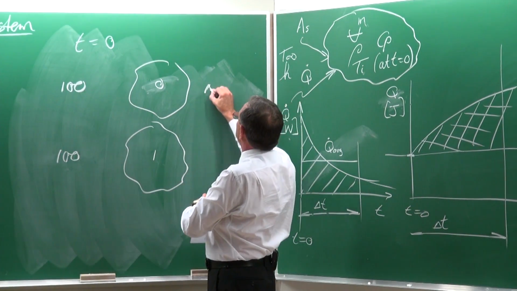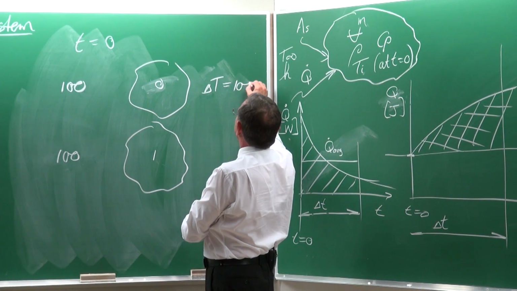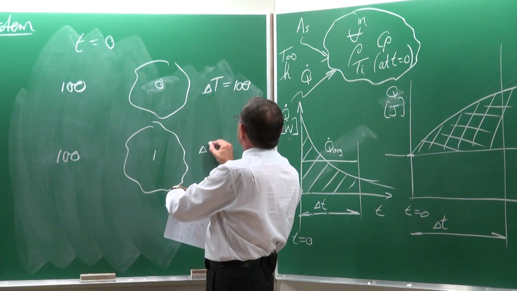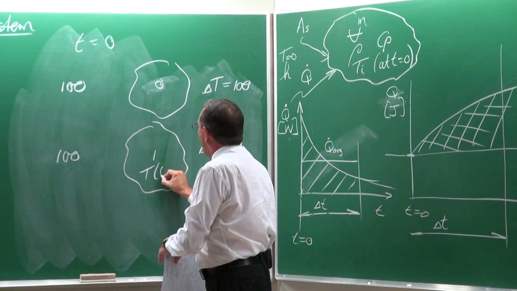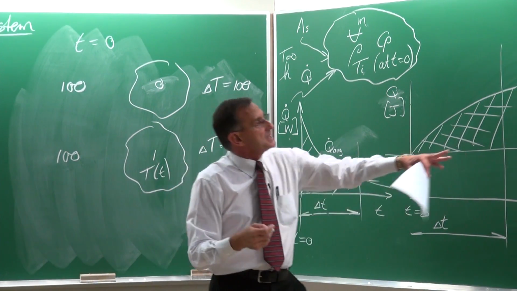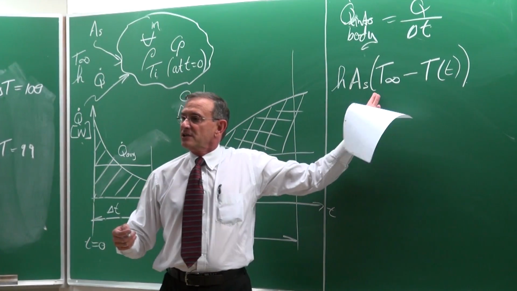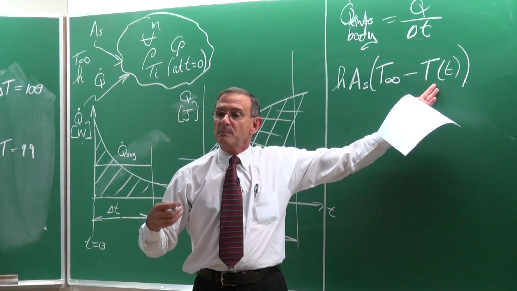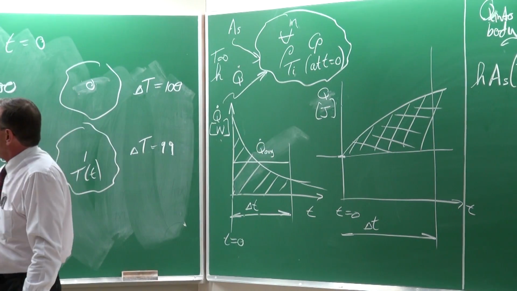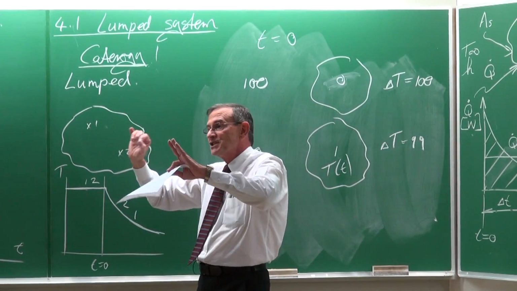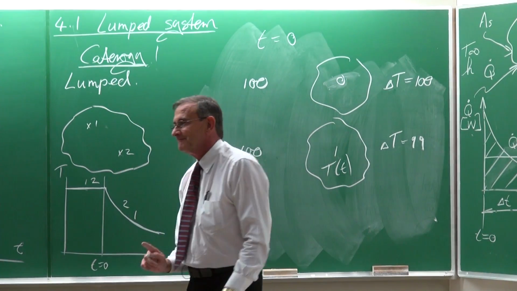So you can see that the delta T was originally 100 and now the delta T is 99. So the temperature of the body, this is the temperature I'm referring to. It's T infinite minus the temperature of the body. And with a lumped system approach, we say that all the temperatures inside the body are the same.